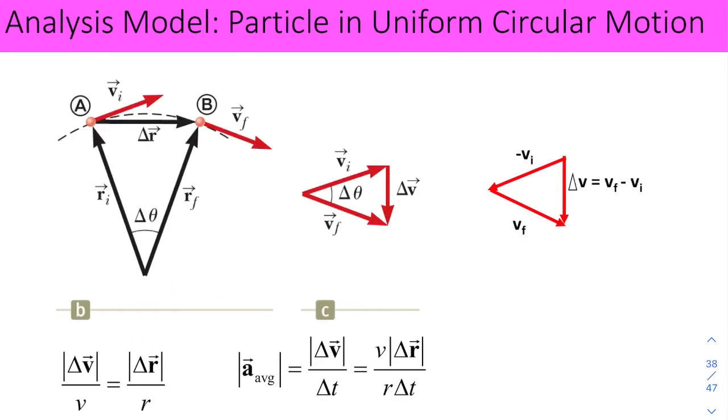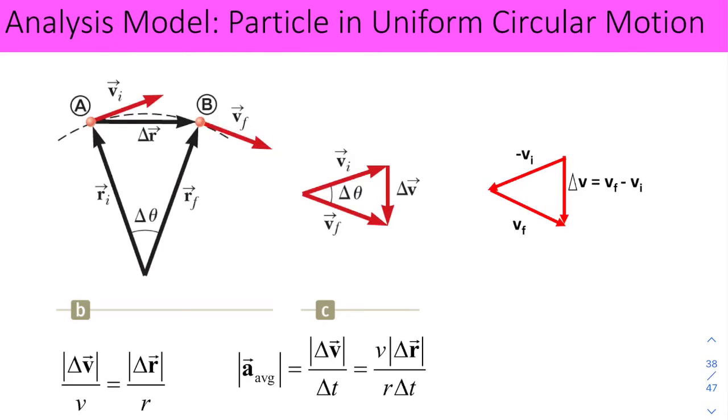So now, let's say initially the object is at point A. At this instant, the object has r initial, the position vector, and a velocity initial in this direction. And then when it reaches point B, it has r final as position, with v final as velocity in this direction.